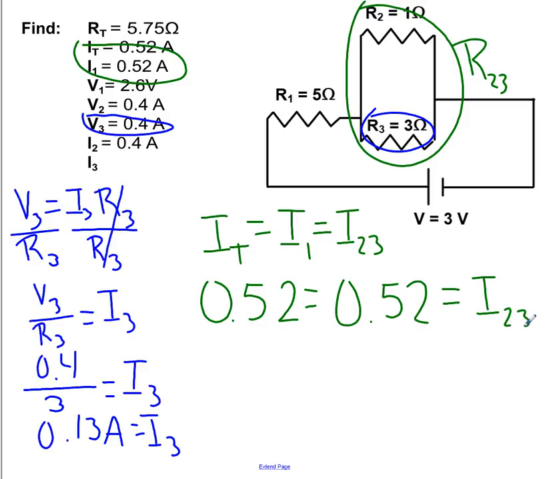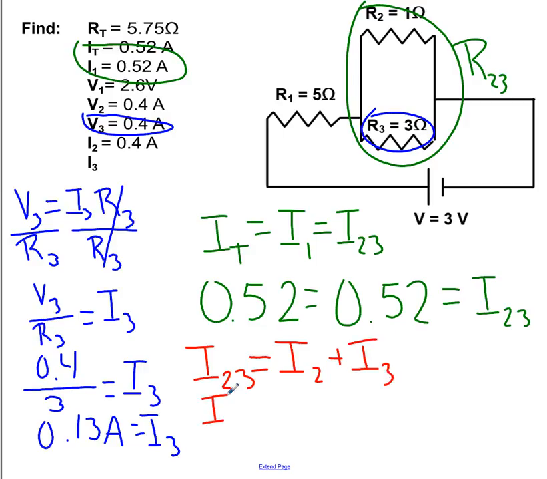So now if I look, since resistors 2 and 3 are in parallel, the current of resistors in parallel, so I'm going to say I23 is equal to the current in resistor 2 plus the current in resistor 3.